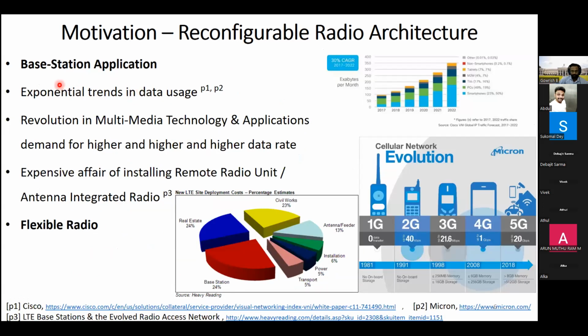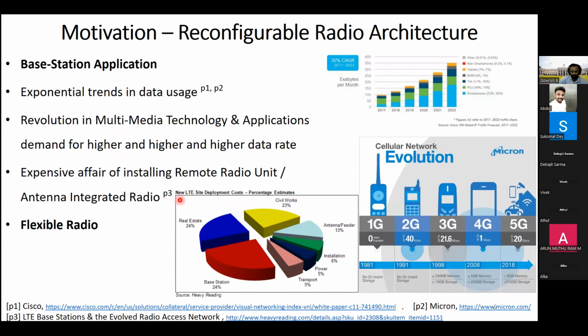The second application is base station application. As we all know, there is an exponential trend in the data usage thanks to multimedia technology and its revolution. This has tremendously increased the way we are using the data. This leads to an expensive affair of installing remote radio units or antenna integrated units.